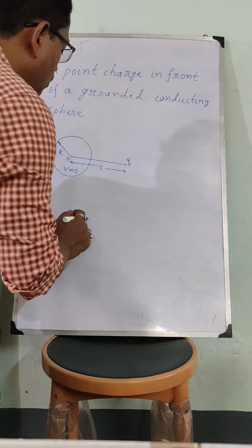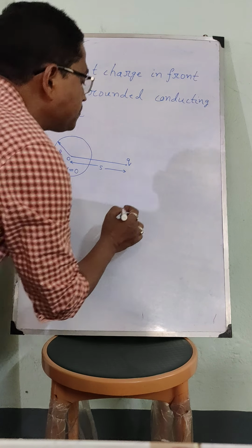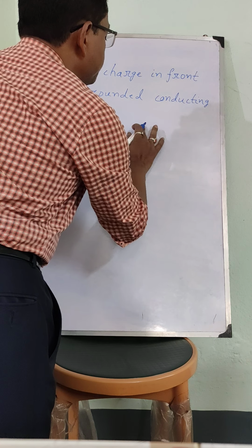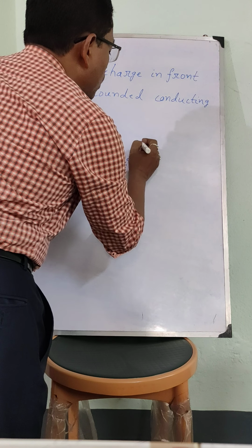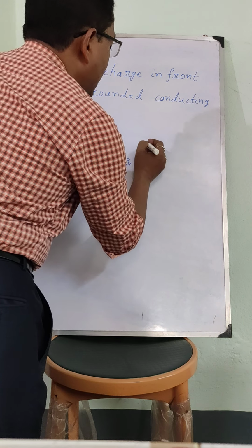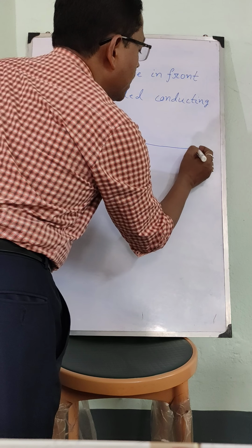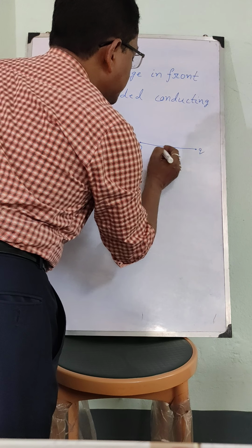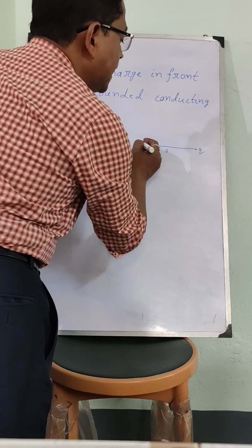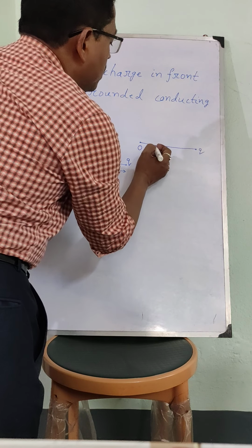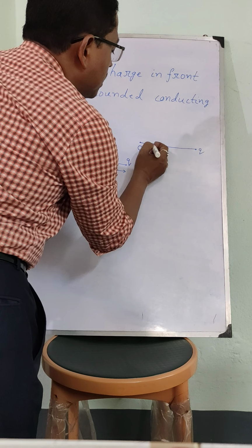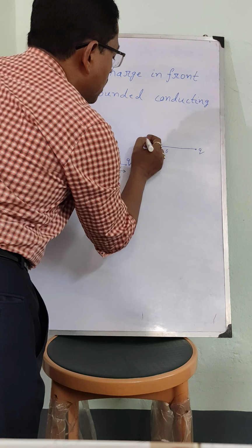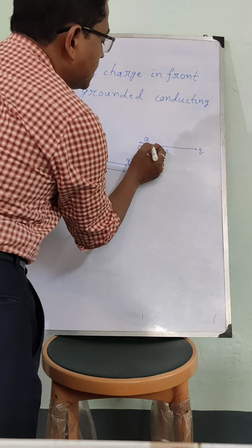So we assume that, this is the center of the sphere, suppose O, and here is the point charge Q, and this distance is S. Now here this distance is suppose small a.